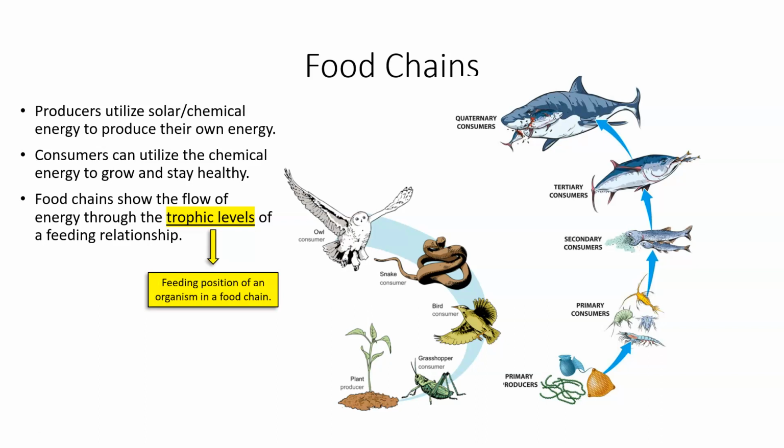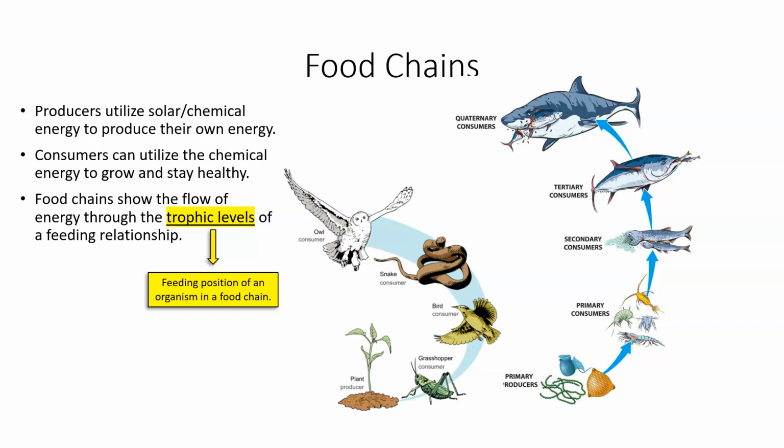Each one of these organisms inhabits a different trophic level. They all have a different mode of consumption. Some of these are herbivores, some are omnivores, and some are carnivores. But when we look at a food chain, we have to notice and appreciate the number of trophic levels present in the food chain.